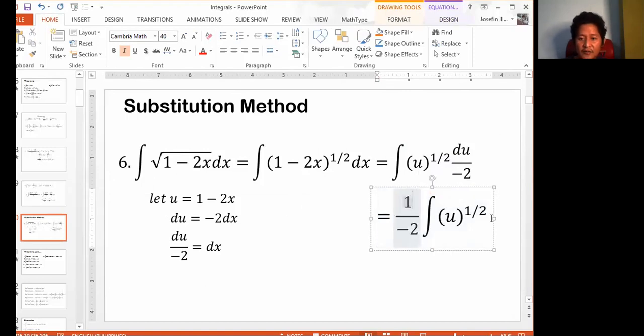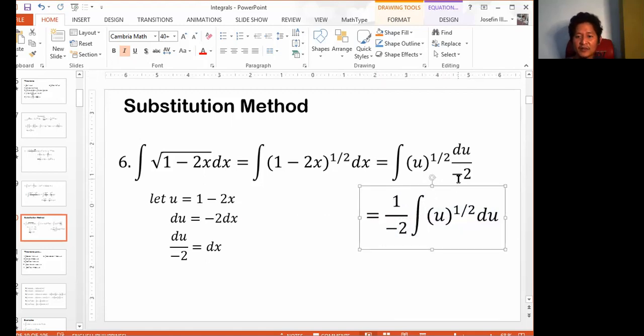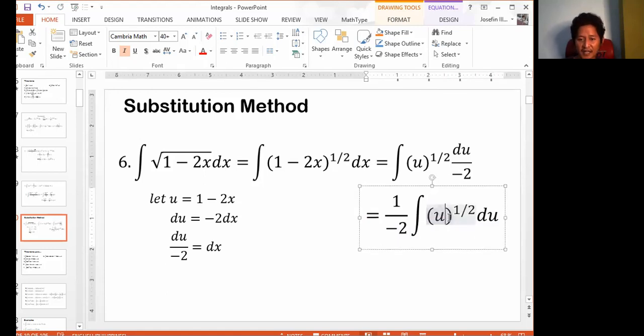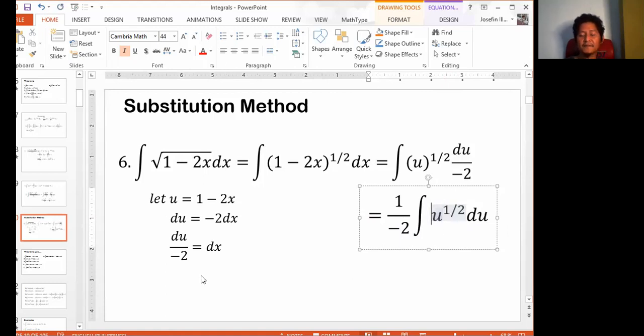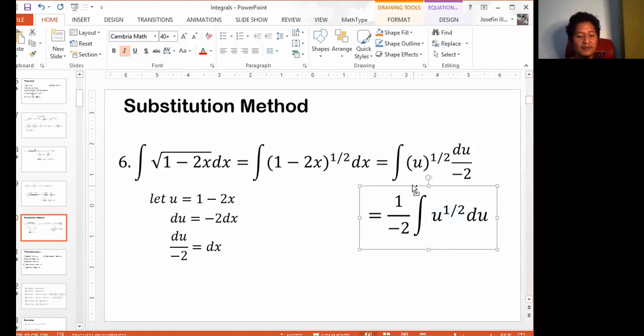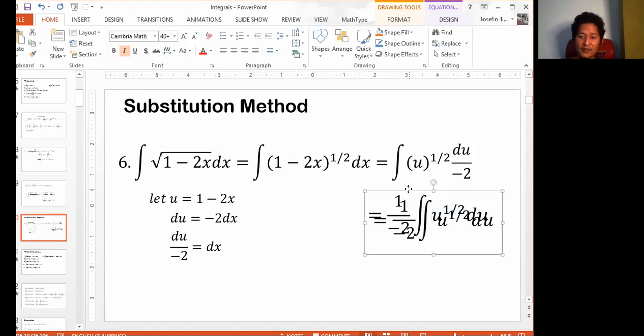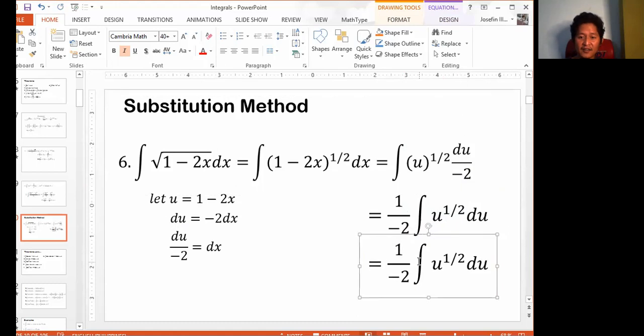Nakuha ba yun, guys? So nilabas ko lang yung constant na negative 1 half. Tapos tanggalin na rin natin itong parenthesis. So notice, ang lumabas is just u to the n du na lang siya. So we can just easily use our theorem, yung u to the n du.